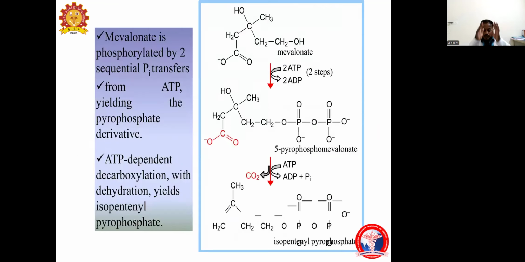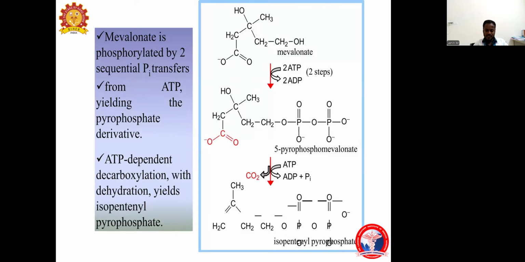From this mevalonate, two reactions occur. One forms 5-pyrophosphomevalonate and one more reaction forms isopentenyl pyrophosphate. In the first, ADP is produced, and in the second, 5-pyrophosphomevalonate is converted to isopentenyl pyrophosphate. In this reaction, carbon dioxide is released and ADP is produced.